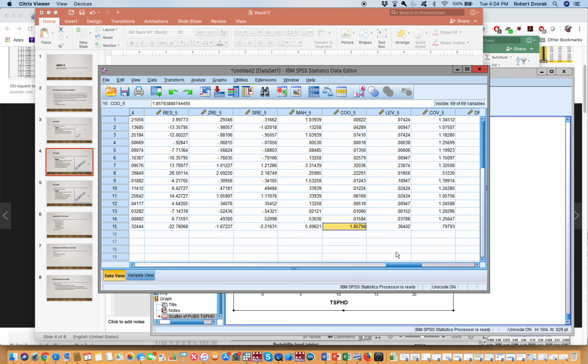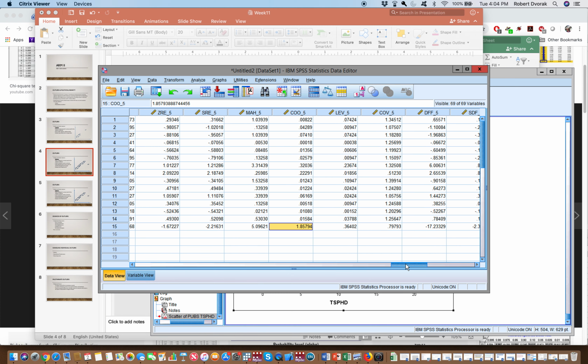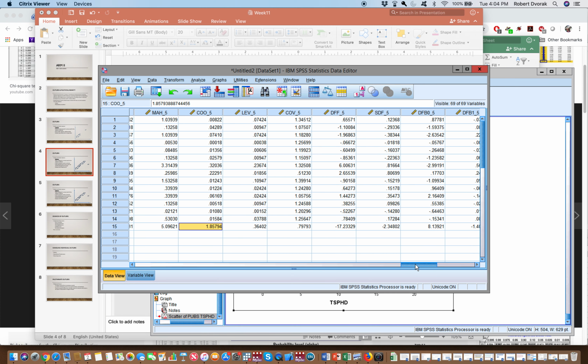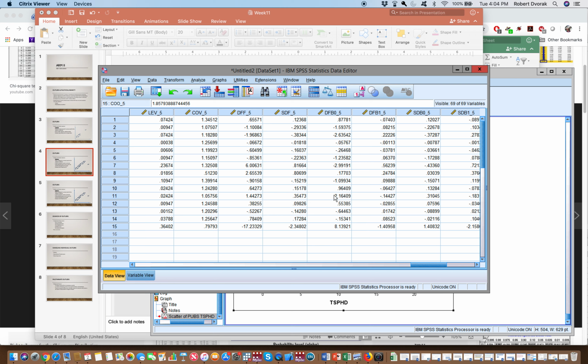This is extreme. We can also look at what's called DF beta, and DF beta looks at the effects on both your intercept, but more importantly on the slope, and it says how much does this one value affect either the intercept or the slope if you were to remove it.